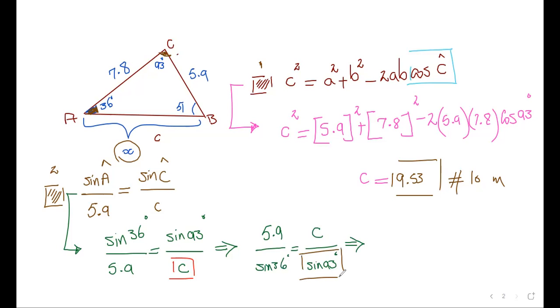which is at the denominator, because what's the plan? You have to isolate C so that it has no coefficients whatsoever. Then I multiply both sides by sine 93 degrees to isolate C, Oscar. That's right. Then I get C equals sine 93 degrees multiplied by 5.9 over sine 36 degrees.